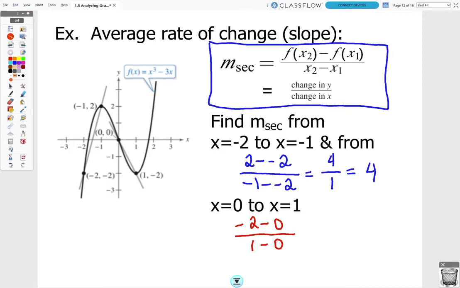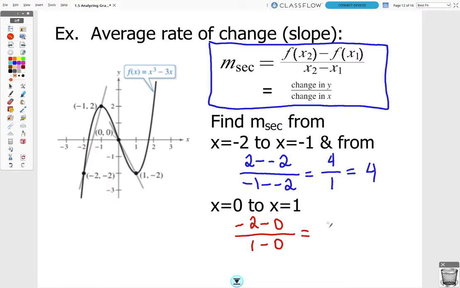Now, if you reverse those values, it's not a big deal as long as you reverse both. You can't say -2 minus 0 and then go 0 minus 1. That's going to give you an opposite sign. You're also going to notice that this thing should be decreasing, so I should have a negative slope when I'm done. And if the sign doesn't match increasing and decreasing for your graph, then you know something is off.